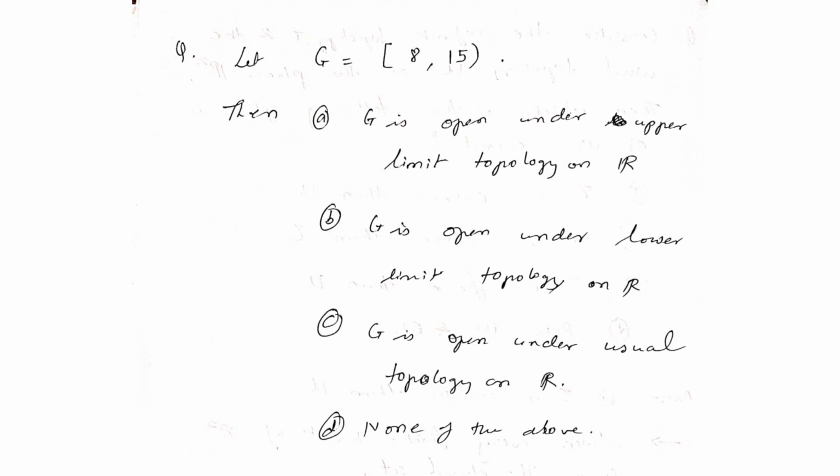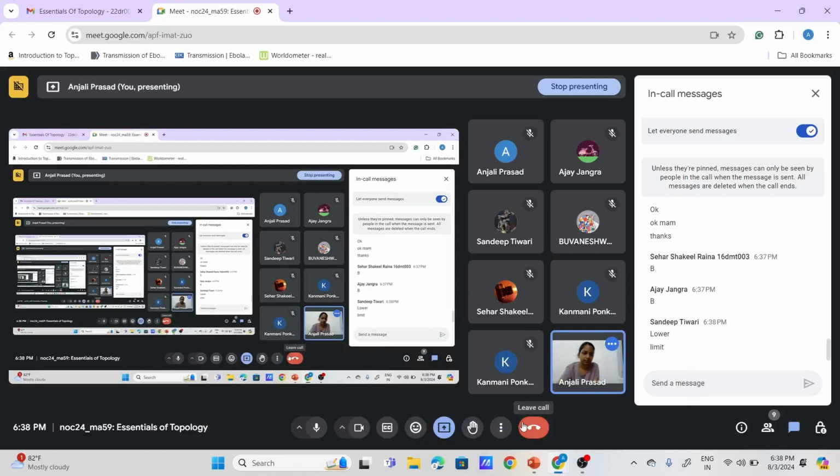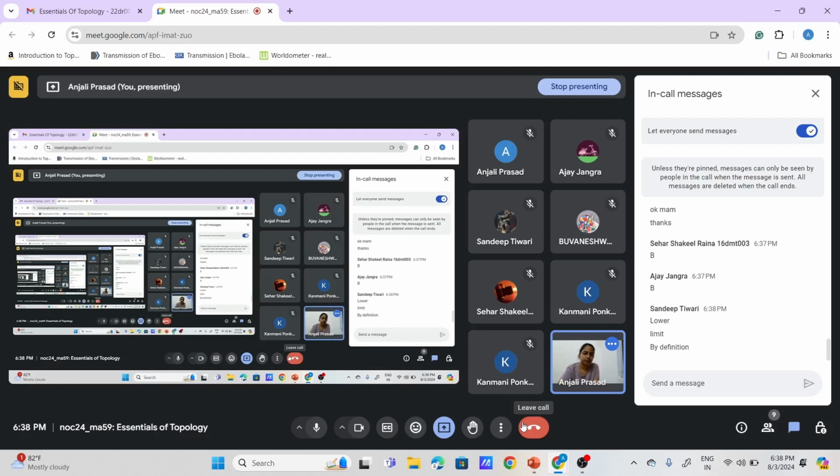So everyone please try it and let me know your answers. Some may have got the answer, but let others also try. Once we have everyone's answer, we will move to the answers. Everyone try it. If you have any doubt, you can ask. Okay, some are saying B, that is lower limit. What about others? Yeah, by definition, you are saying.